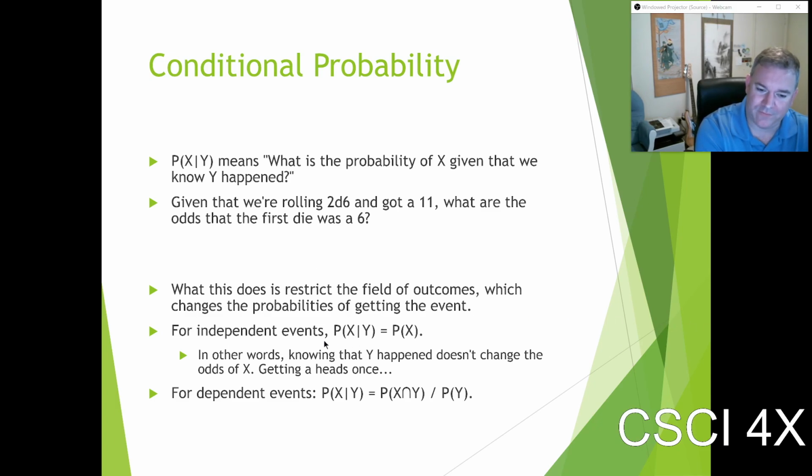So if you have independent events, like if I ask you what is the odds that I get a 6 on the next die roll after I roll a 6 on the first die roll, what do you guys think? If I tell you I just rolled 7 6s in a row, what are the odds the next roll is going to be a 6? Yeah, that's called the gambler's fallacy, right? The gambler's fallacy is like you can know something about the dice roll based on previous dice rolls.